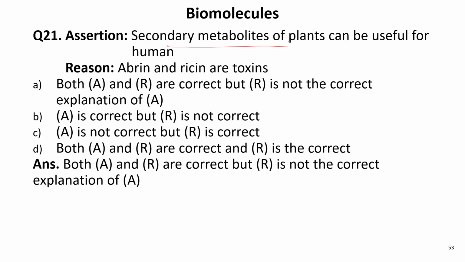Abrine and ricin are one example of the secondary metabolites, and they are used as toxins. So this is not the universal explanation of the assertion. So both A and R are correct, but R is not the correct explanation of A.